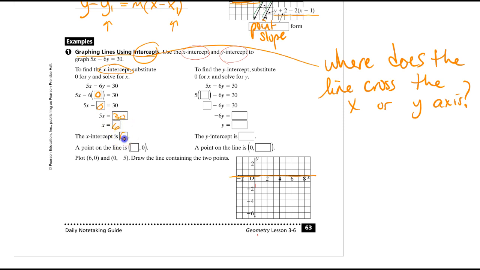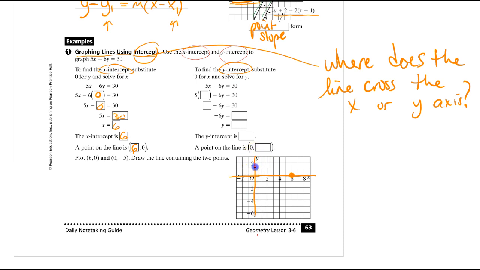Oh, so the x-intercept is 6. That's interesting. All right, so now I'm looking on the x-axis for the 6. Got it. So there's 1 point. So a point on the line is at 6, 0. Then over here, let's find the y-intercept, shall we? Well, the y-intercept, let me change color.